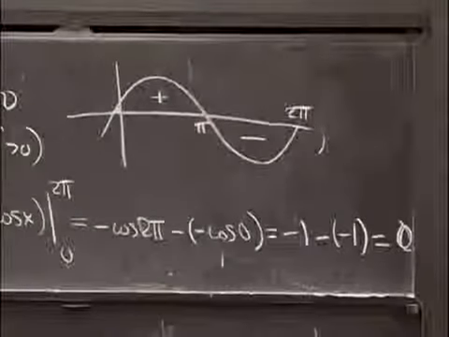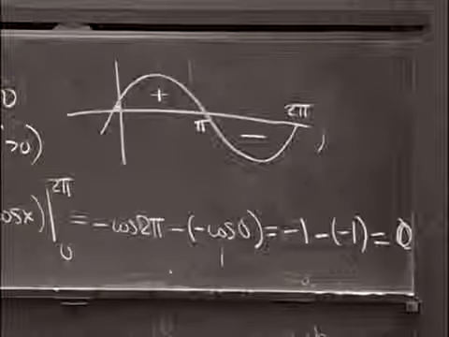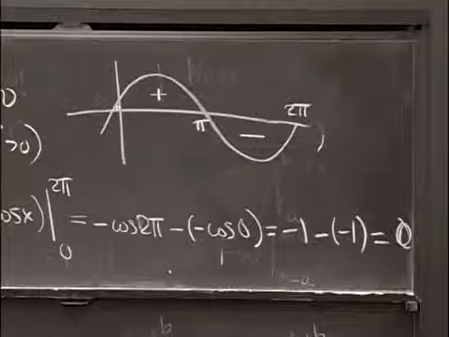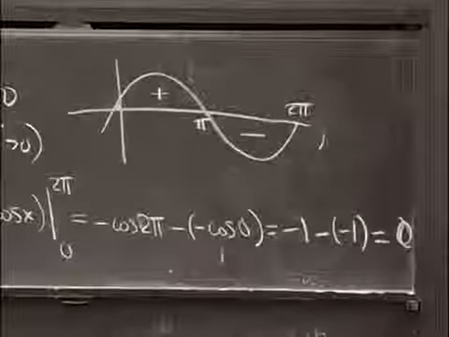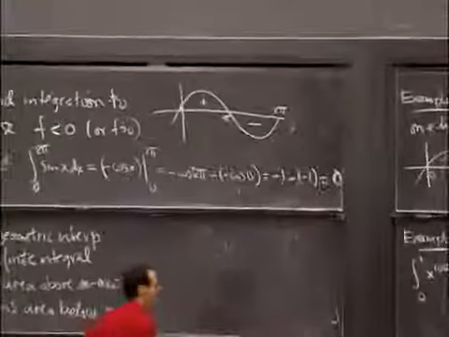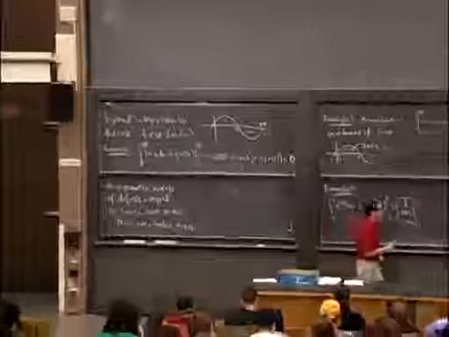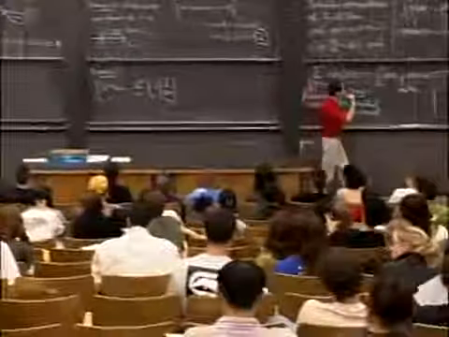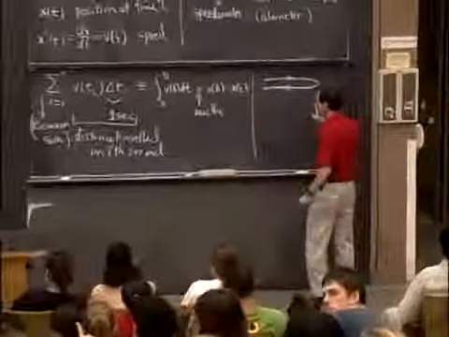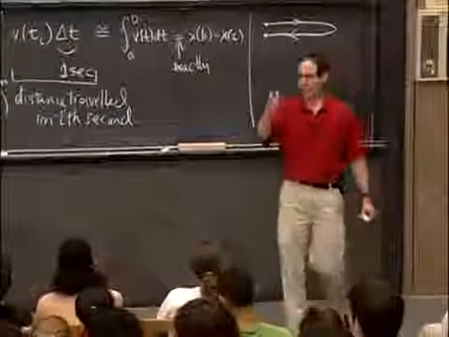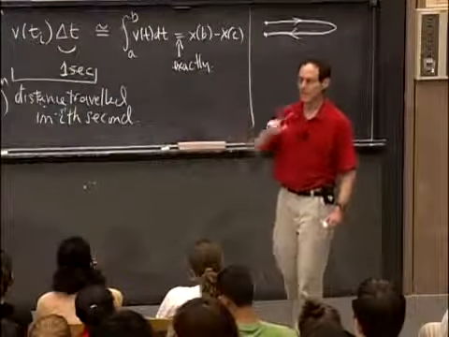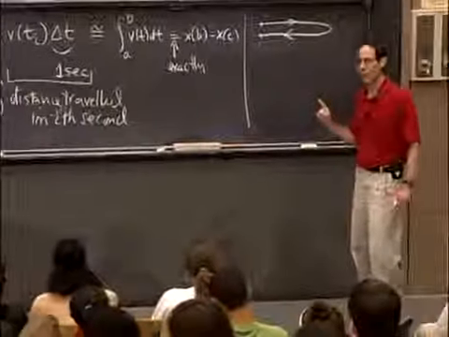Yeah? Just in terms of talking about distance, this is the absolute value of the velocity function to get distance? Right. So the question was, wouldn't the absolute value of the velocity function be involved? The answer is yes. That's one question that you could ask.